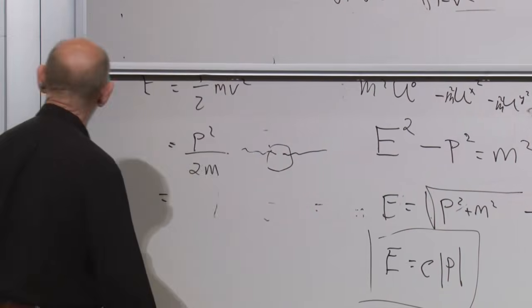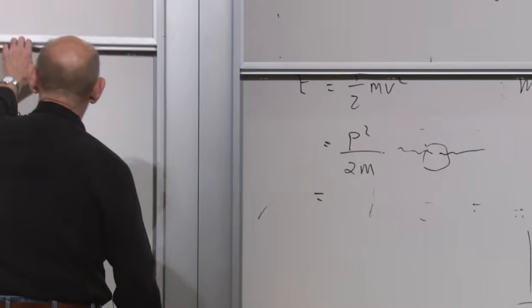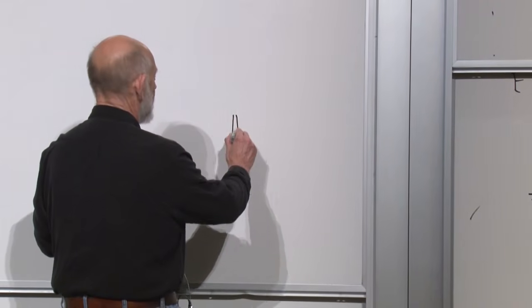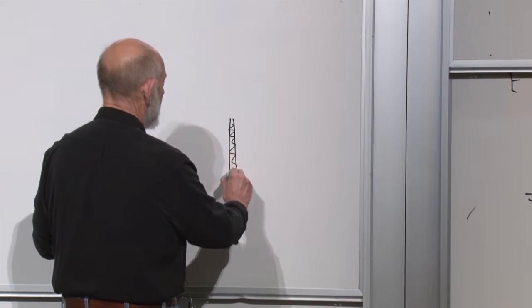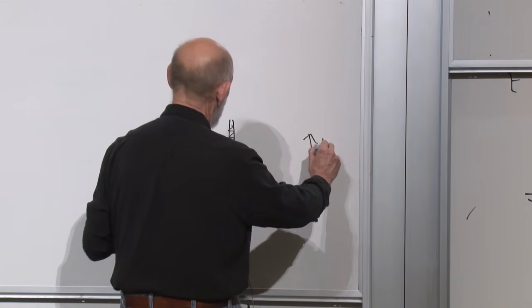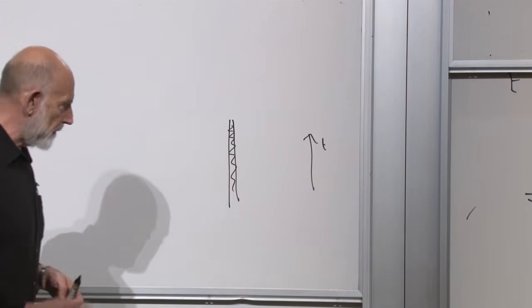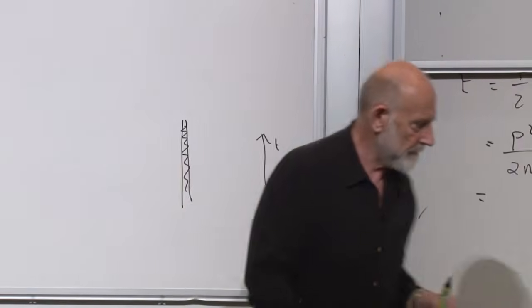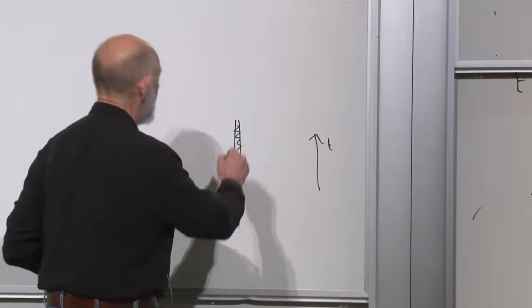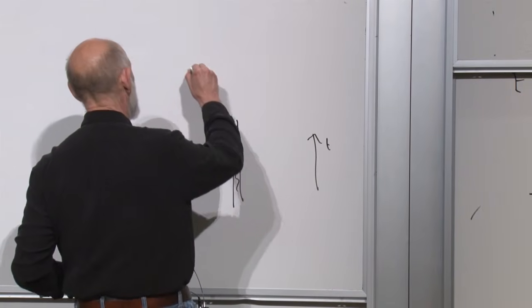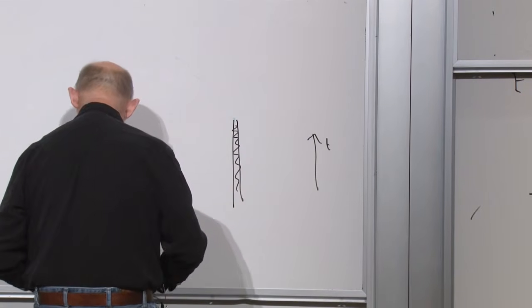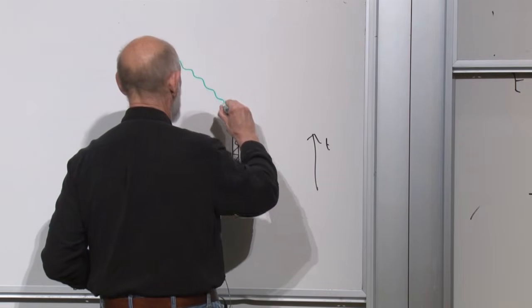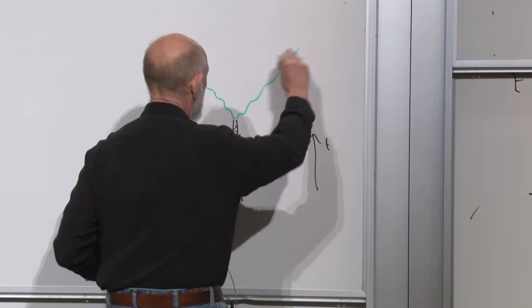Now you could draw a space-time picture of this. Here's the space-time picture. Here's the positronium. Time goes up. This is the world line of the positronium at rest. Then the positronium decays, and a photon goes out this way, and a photon goes out this way.